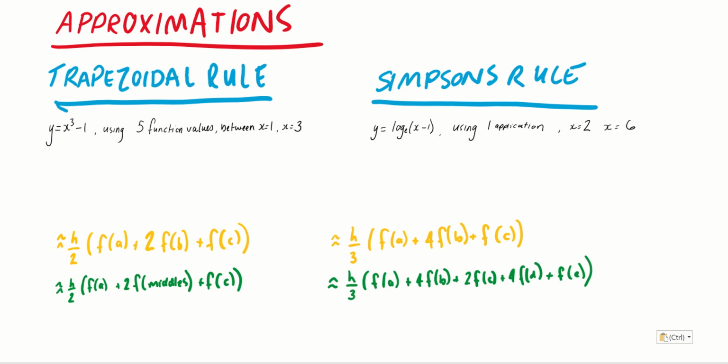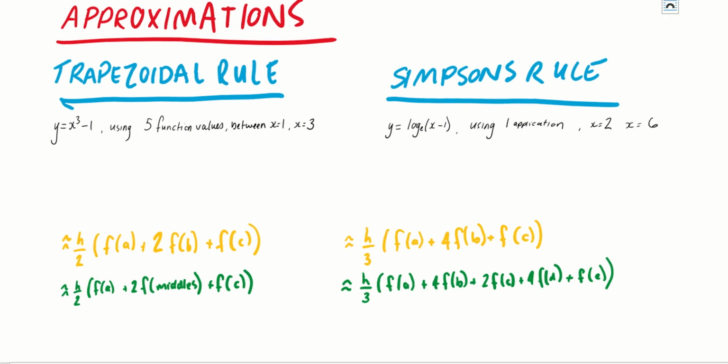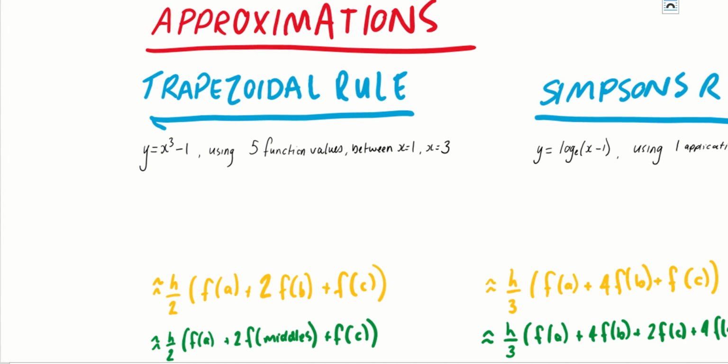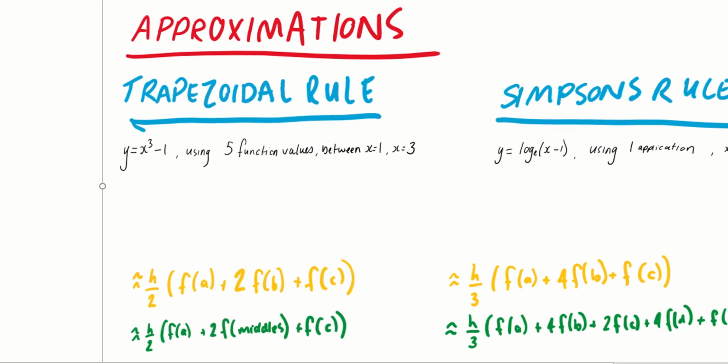So let's look at trapezoidal rule to start with. We have to find the area under this curve using 5 function values between x equals 1 and 3. Now this curve, I do know what it looks like, so it's not going to be hard to just quickly think about this graph. So I'm going to have the cubic, and it's only between 1 and 3.